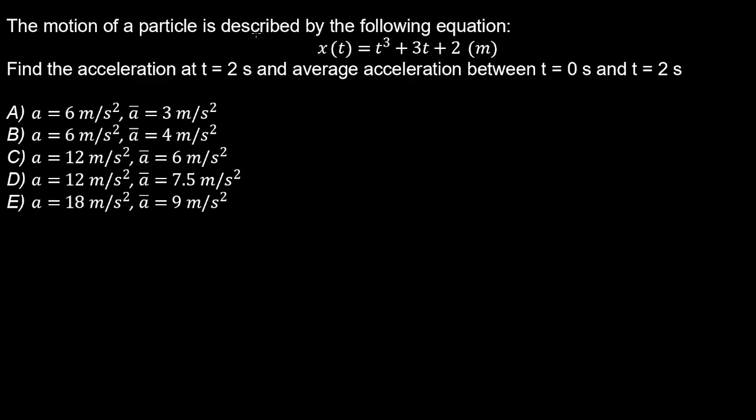The motion of a particle is described by the following equation. Find the acceleration at 2 seconds and the average acceleration between 0 and 2 seconds. So if we differentiate this expression, we have 3t squared plus 3 in units of meters per second.